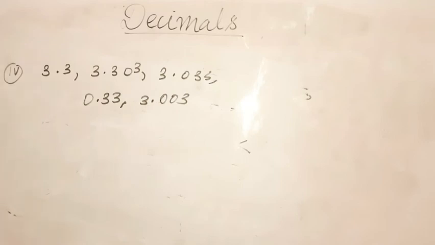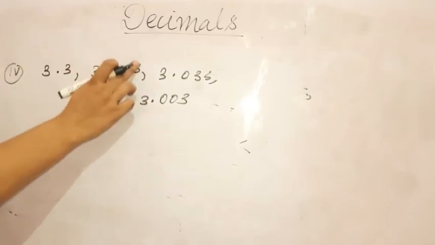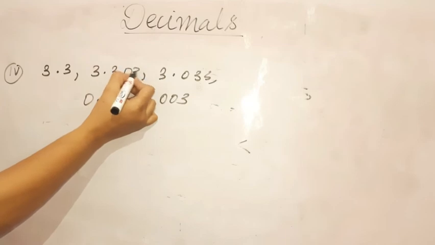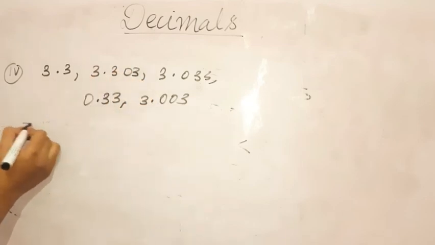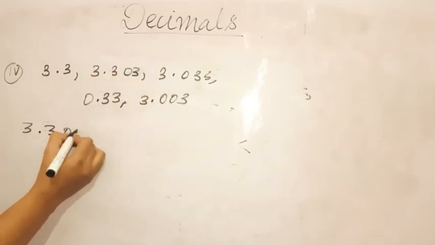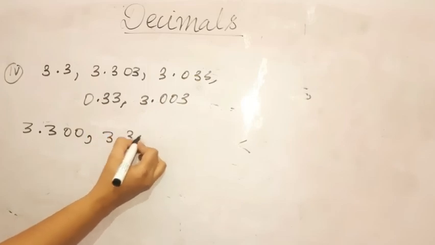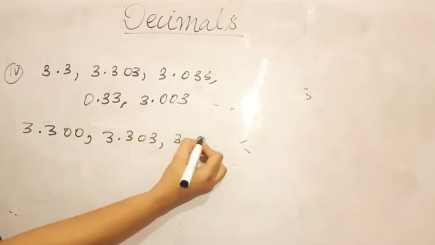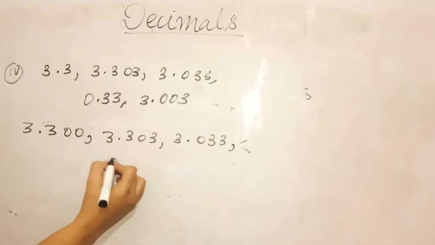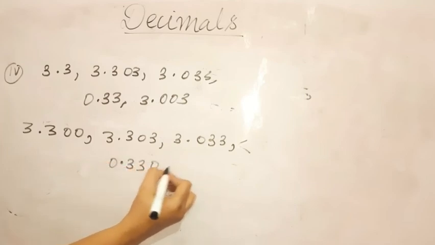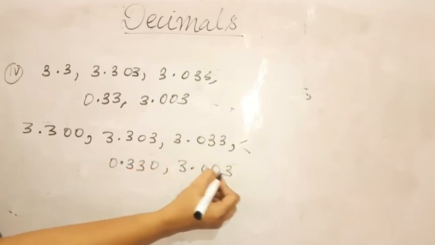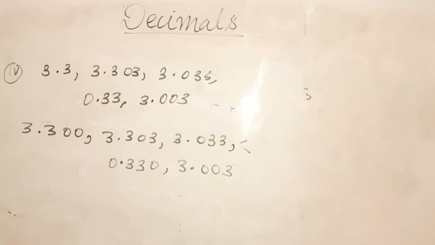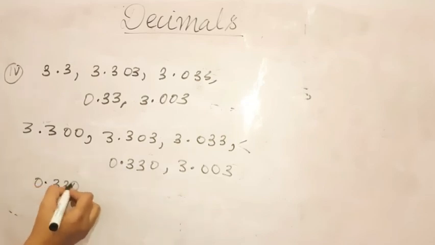The highest number of decimal places is 3 decimal places. So firstly converting all the numbers into like decimal numbers. Now after converting, we will compare. So we have to arrange them in ascending order. 0.330 is the smallest.